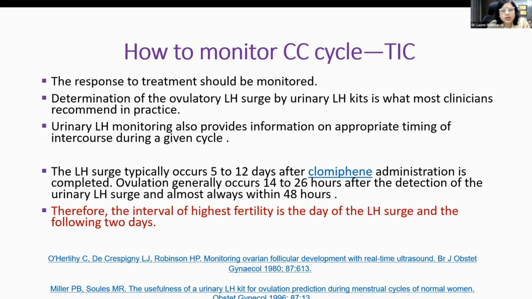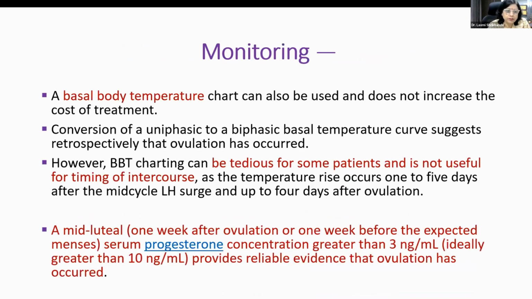So ovulation generally occurs 14 to 26 hours after the detection of the urinary LH surge and almost always within 48 hours. So therefore, the interval of highest fertility is the day of the LH surge and the following 2 days.